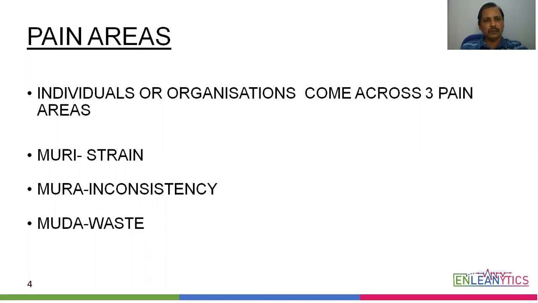Business processes are designed in such a way that most of the time the people involved in these processes spend time on non-value added activities, and the time available for value added activities is very, very less. It is found that almost 60 to 70% of processes involve non-value added activity.